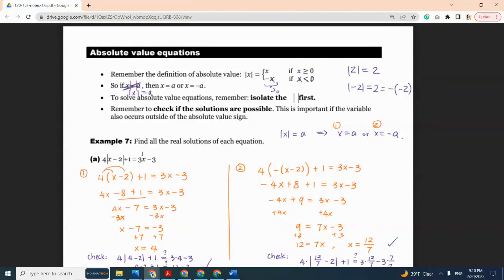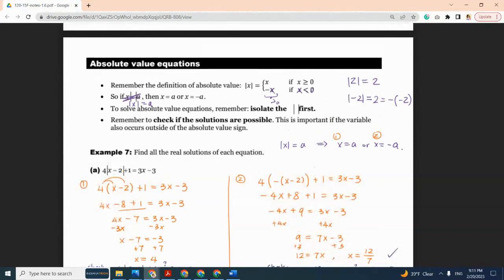So the first part is like, absolute value of x equals a, then x is a. So you kind of just ignore the absolute value. So it's just x minus 2. But the second part is, it could be negative a. So you replace it with negative parentheses of whatever inside. So you only do this method with problems with absolute value.